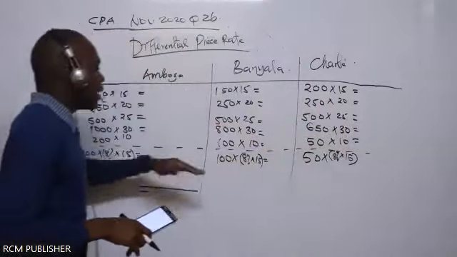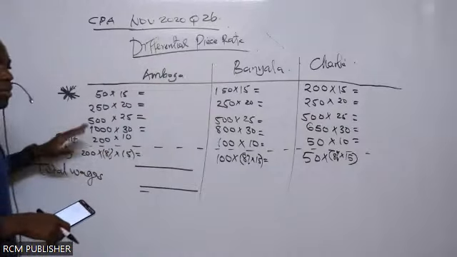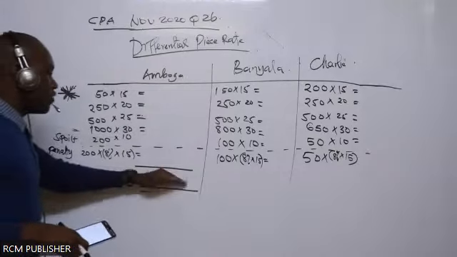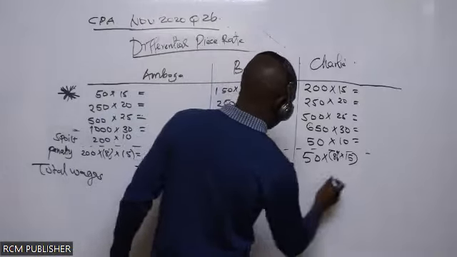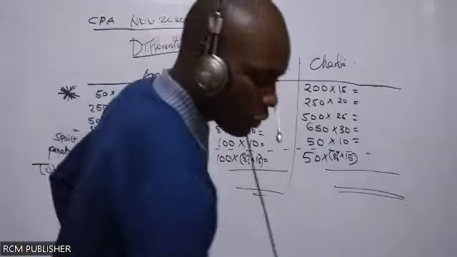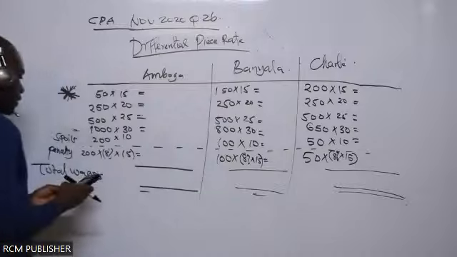Before we bring in the element of the penalty, let's now calculate these things and you give me the values down here. Total wages payable to these people. So let's now engage our calculators very fast.